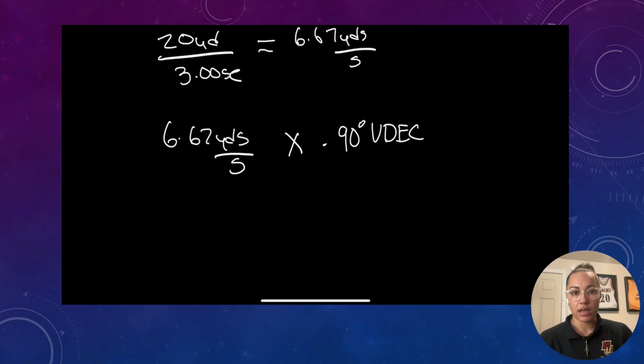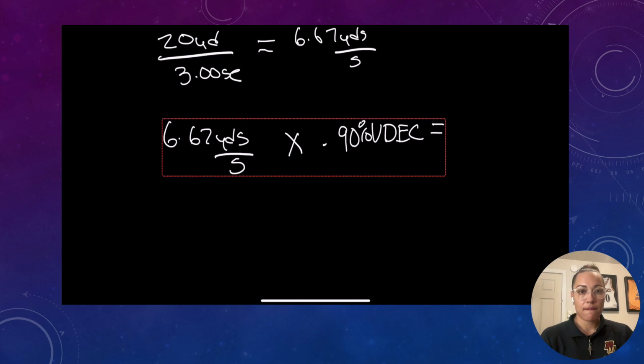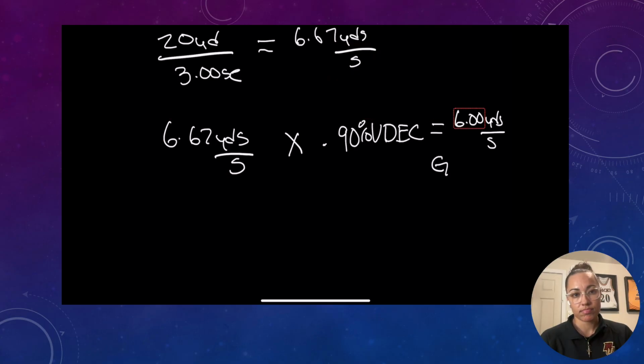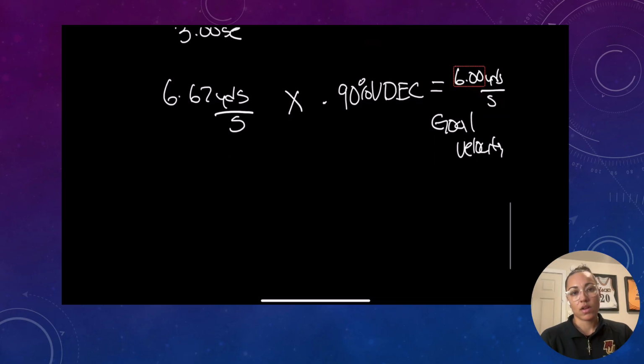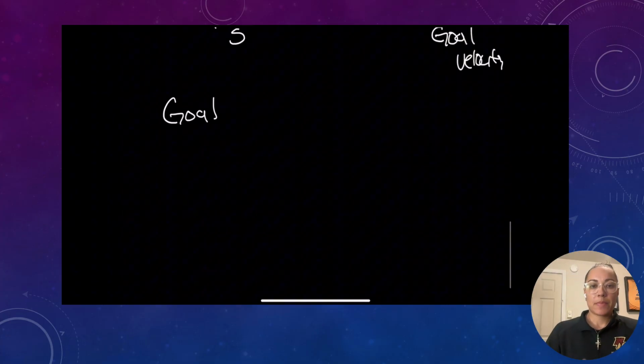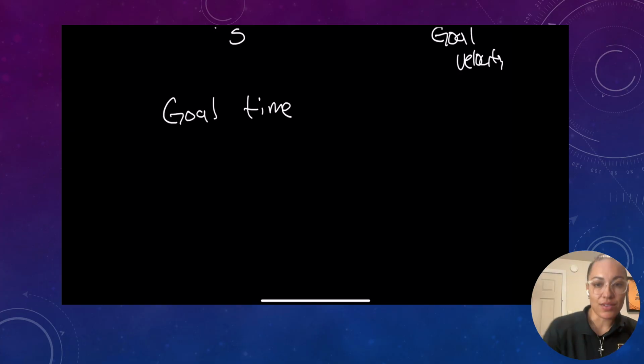And now we're going to be left with 1 divided by 0.3 seconds. Our goal time is going to be 3.33 seconds.